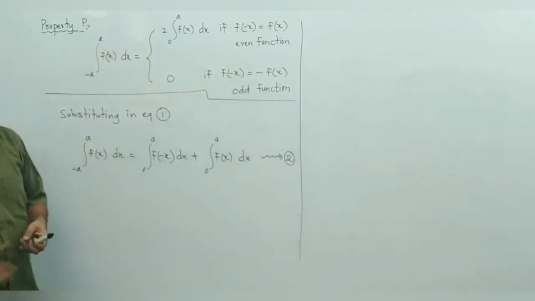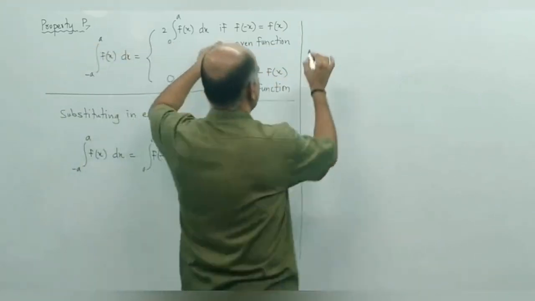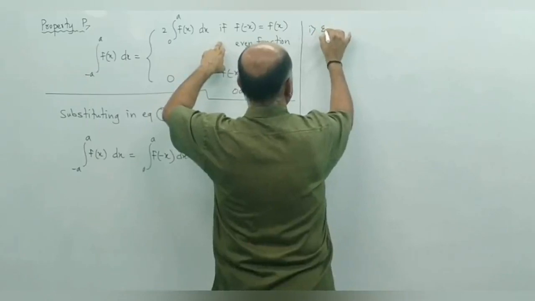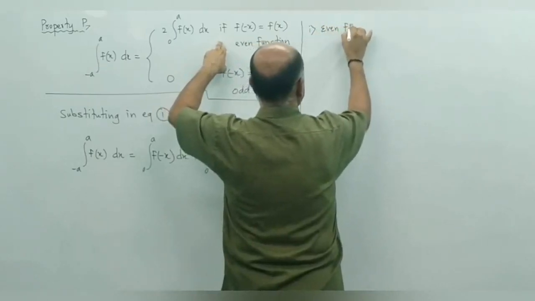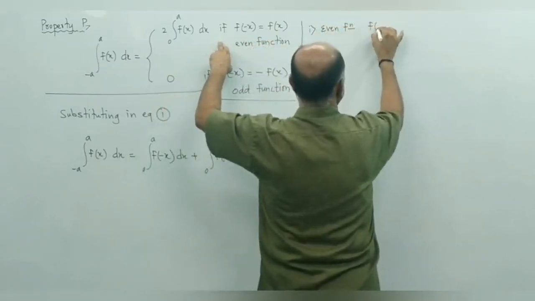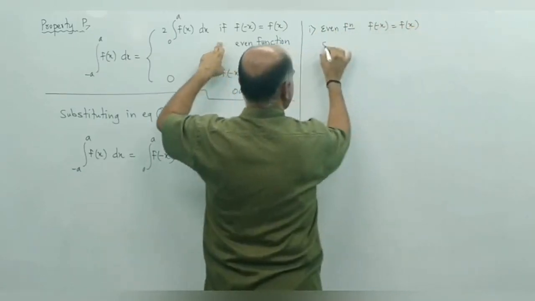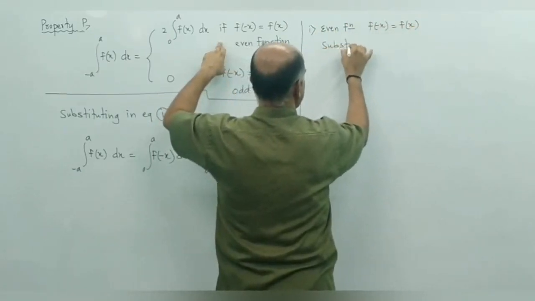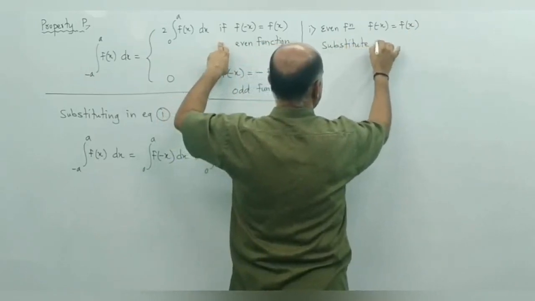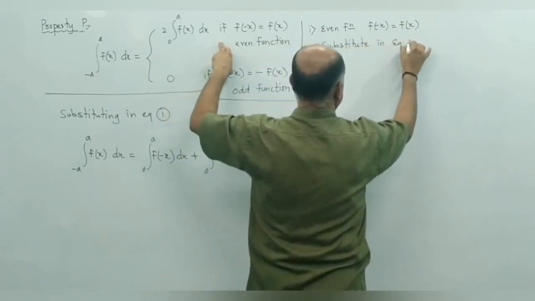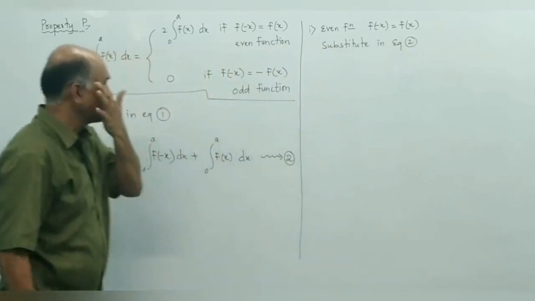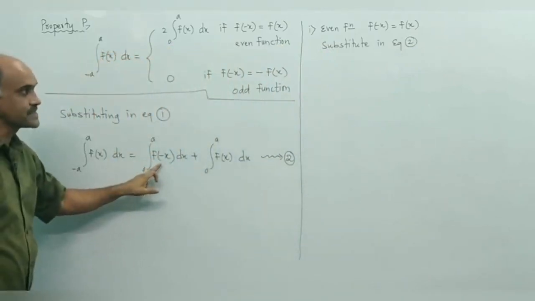Now first, if I take an even function, even function means f of minus x is equal to f of x. Substitute in equation 2. Now if I substitute that, this becomes f of x.